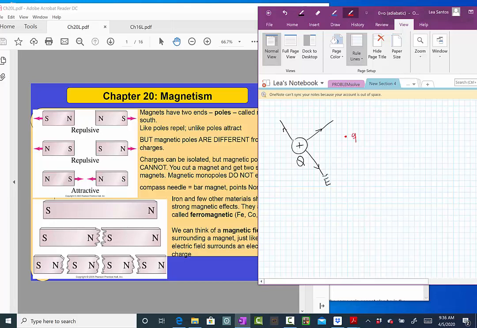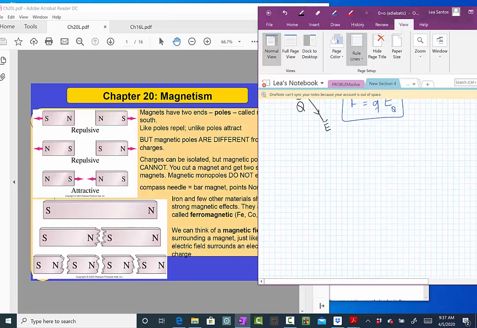Even though it's not in contact with the big Q, it will feel a force through this electric field, proportional to the electric field of the big Q. All that to say that around charges we have electric fields. That was the subject in chapter 16.